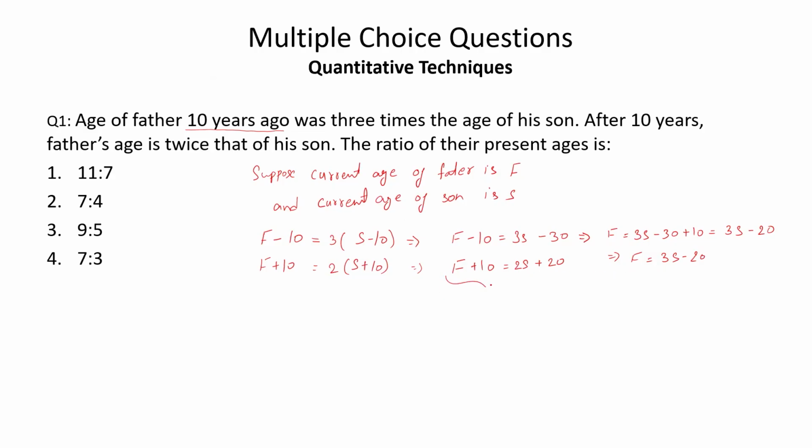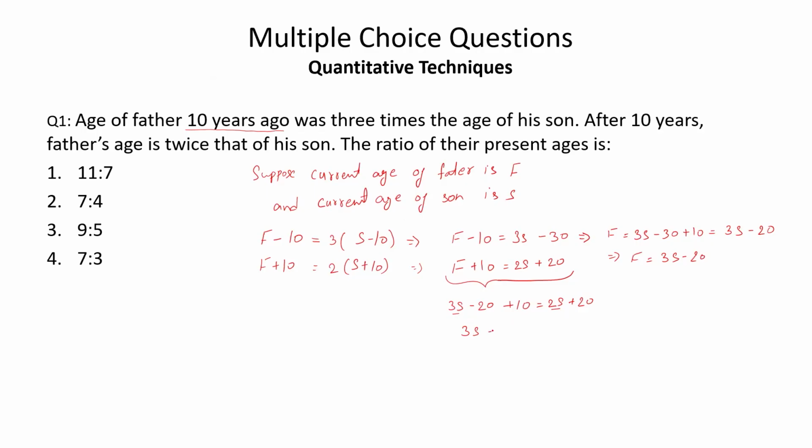In this equation, let me write 3S minus 20 instead of F: 3S minus 20 plus 10 is equal to 2S plus 20. Now take the S terms on one side.